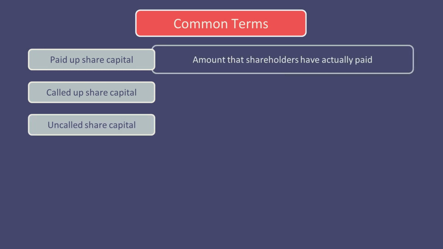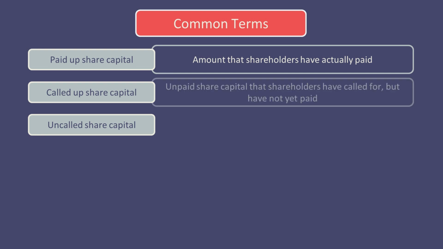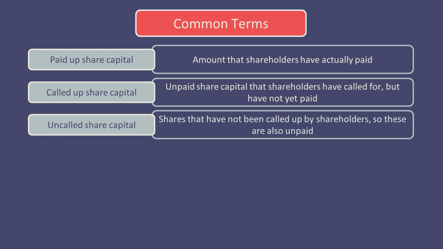This is the amount that shareholders have actually paid for shares issued. Called up share capital. This is unpaid share capital that shareholders have been asked to pay but have not paid for yet. Uncalled share capital. These are the shares that have not been called up, so are also unpaid.